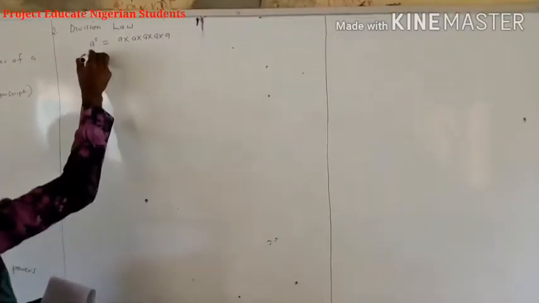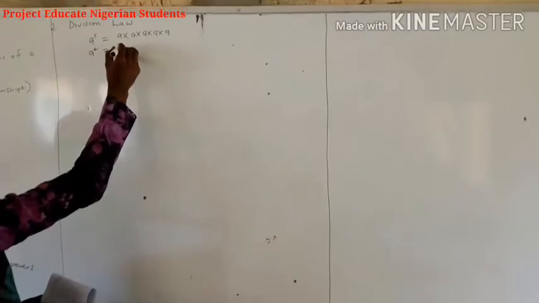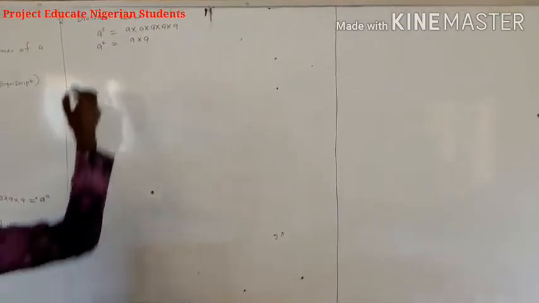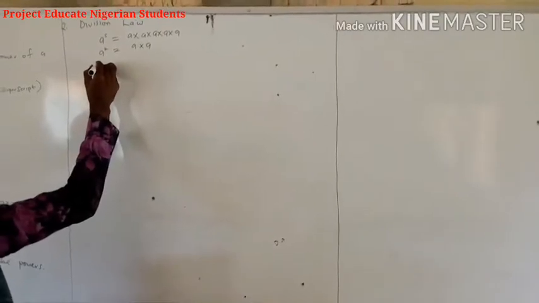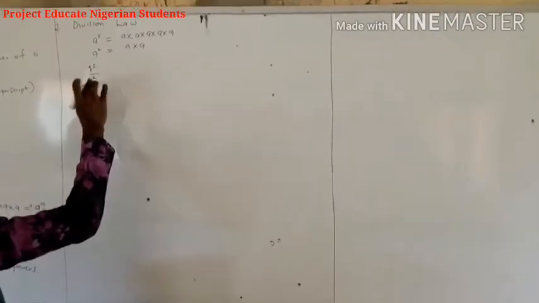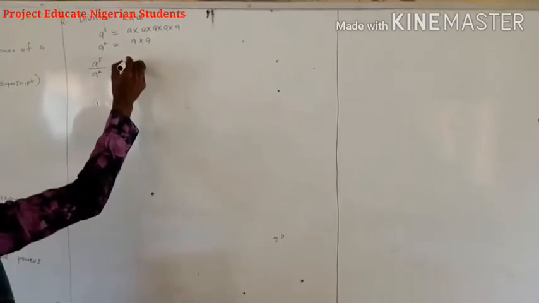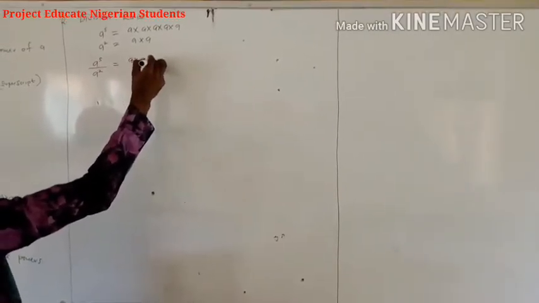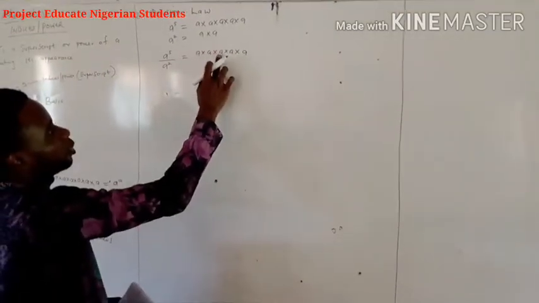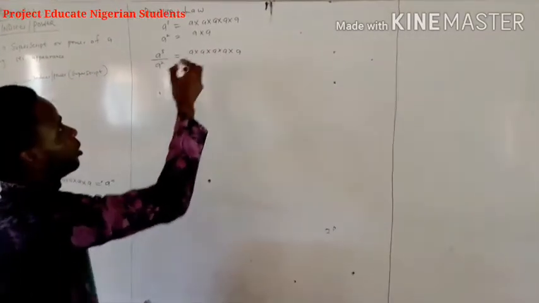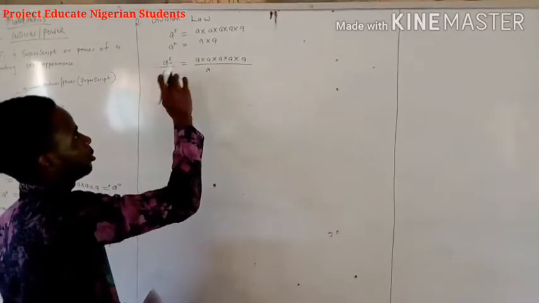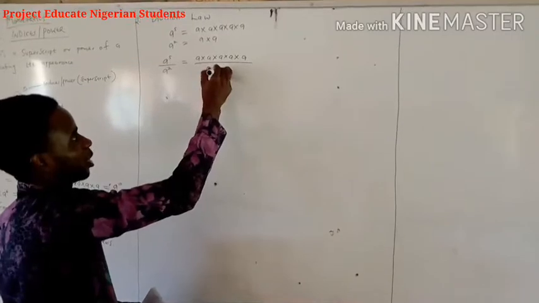And let's say we have a raised to power 2, which is a times a. And we are dividing: a raised to power 5 all over a raised to power 2. A raised to power 5 is simply a times a times a times a times a, divided by a raised to power 2, which is simply a times a.